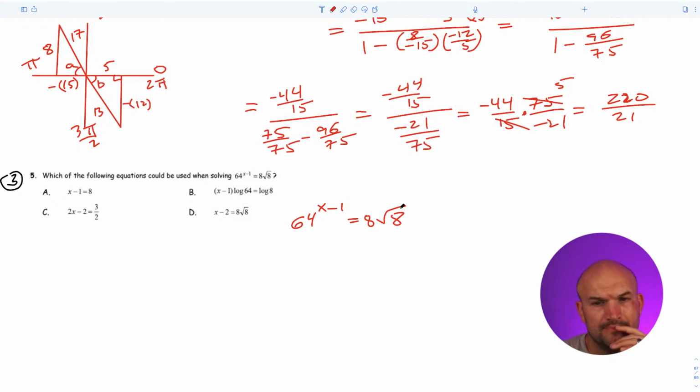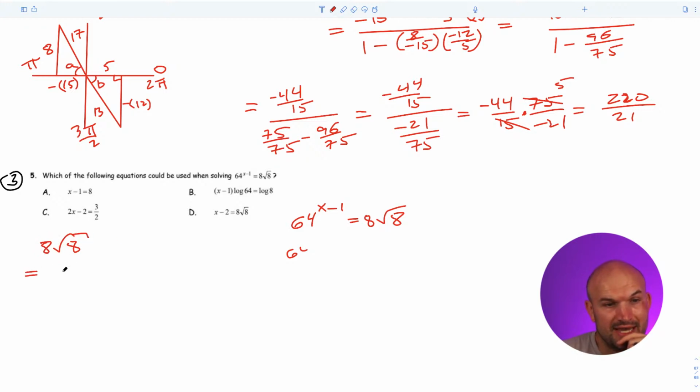So if I was to put this back in there, under the radical, instead of putting this out, I would just have to square it to put it back in there, right? So therefore, I can rewrite this as 64. Let me show you. Okay, I can rewrite this.